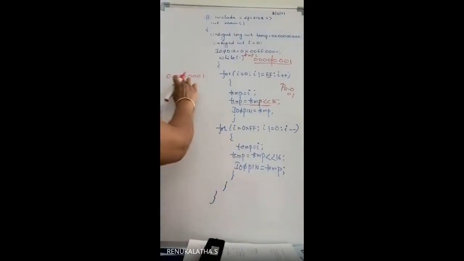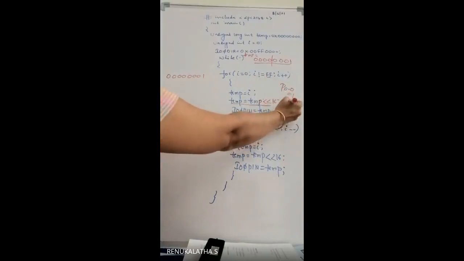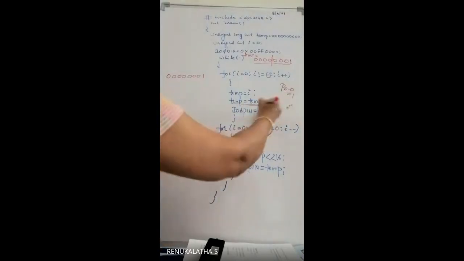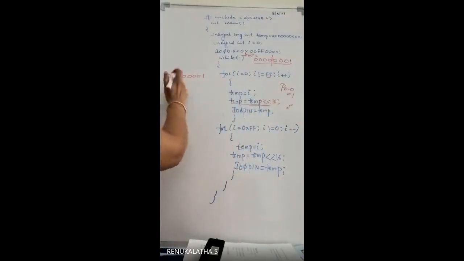Then this binary information 0001 is converted into analog output. It may be some 0.1 volts or something. The next increment will be 0010, which is equivalent to 2.